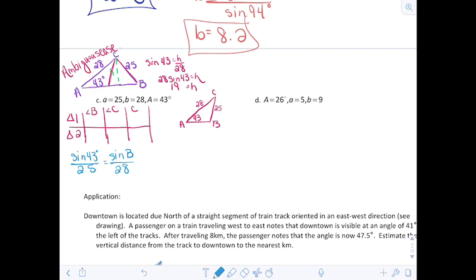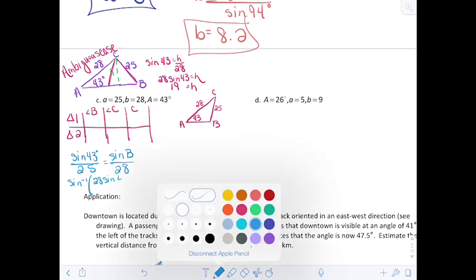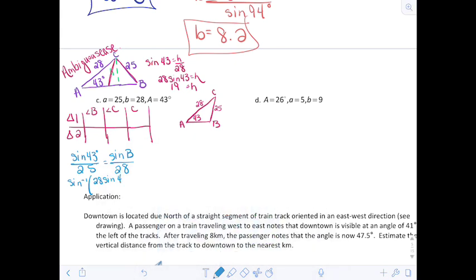So when we cross multiply and we solve this, we get the sine inverse of 28 times the sine of 43 degrees all over 25, and that's going to be our angle B. And as I look at that, I'm going to get 50 degrees. So this is our first measurement there.